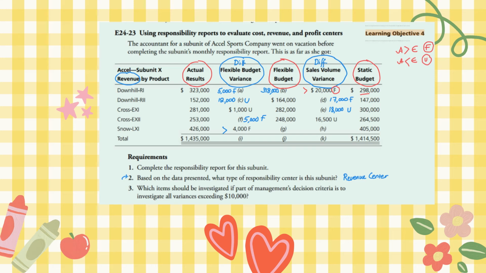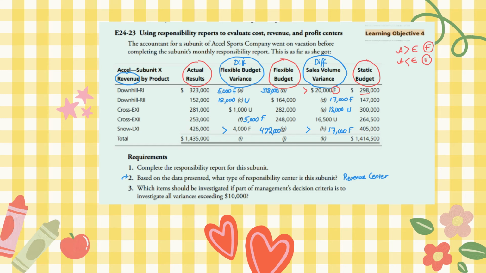So I need to subtract 4 from the 426. So it's going to be 422. Now the difference between 422 and 405 is 17,000. Is it favorable or unfavorable? I expected to get 405, I got 422, I got more, so it's going to be favorable.